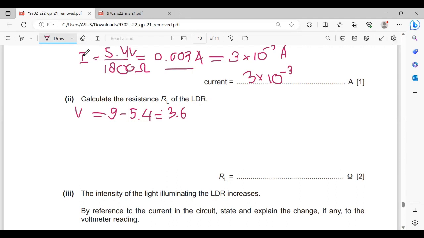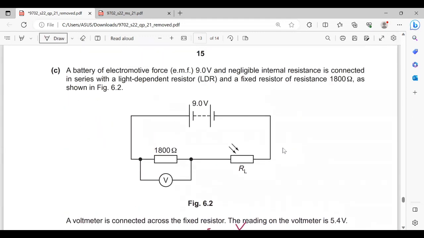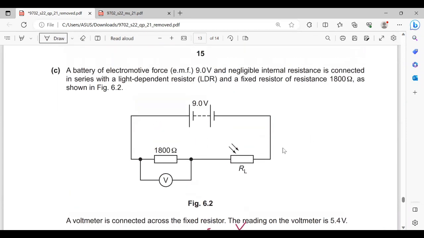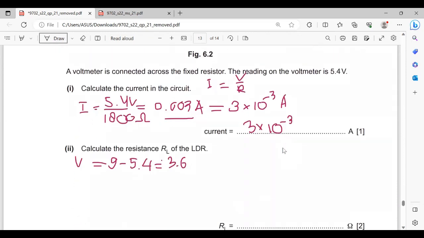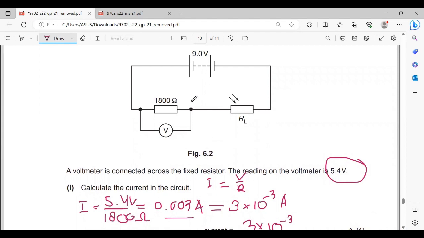Why 9? Because look at the total potential difference, 9, while the LDR potential difference is 5.4 plus the other component's potential difference. The reading on the voltmeter is 5.4.